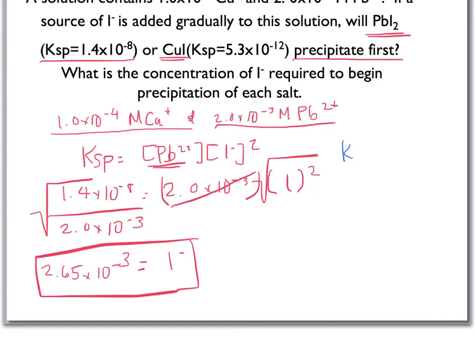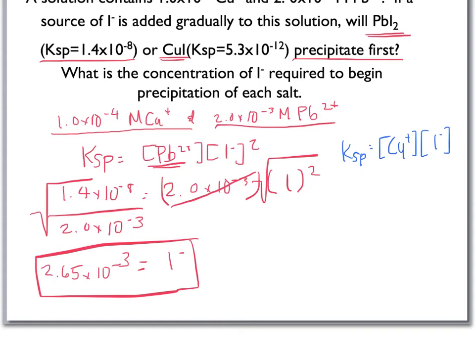So the KSP for copper is the concentration of the copper times iodide, and that's a 1-to-1 ratio.